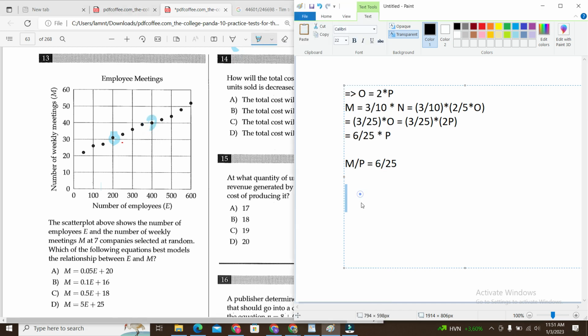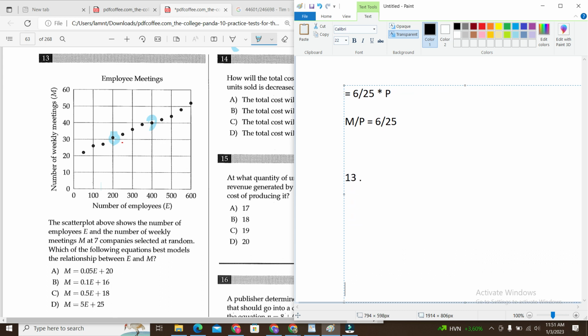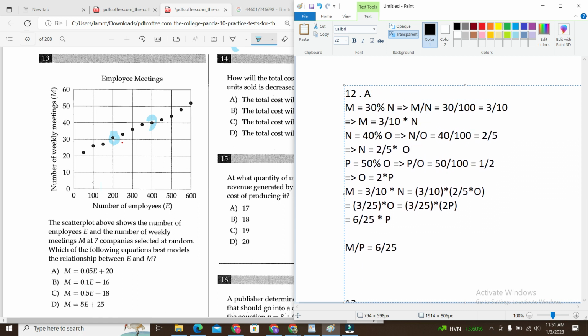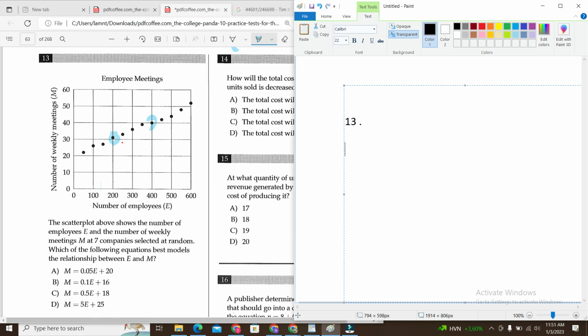All right. So number 13. We go on the line, because it's employees versus meetings, right? So let's say M equals A times E plus B, right?